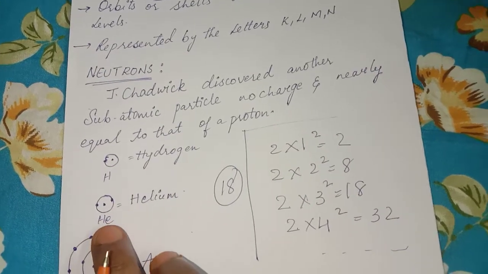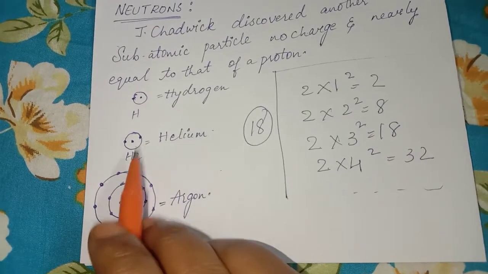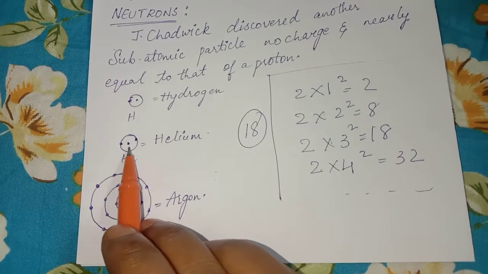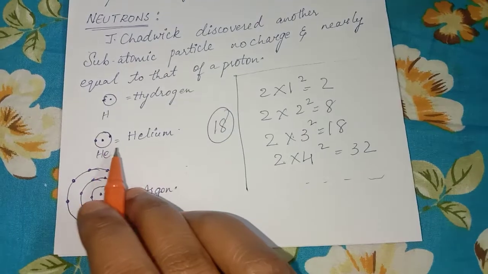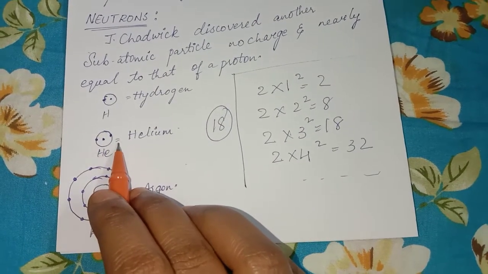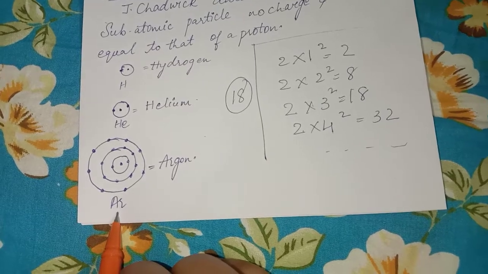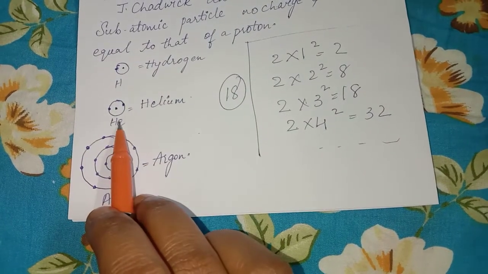Next, let us see helium, He, where the nucleus is there and also electrons, two of them. Next, let us see another one where there are more shells. Here and here you can see only one orbit or one shell.